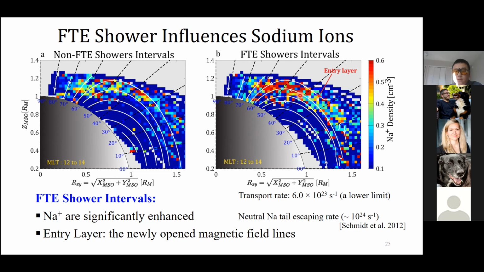We have estimated the sodium ion density and got a transport rate of like 6.0 times 10 to the 23rd per second. This value is actually a lower limit because we don't have measurements in the higher altitude region. It is comparable to the escape rate of Mercury's neutral sodium tail based on ground-based telescope observations. So it's really a huge number of sodium ions in this entry layer.